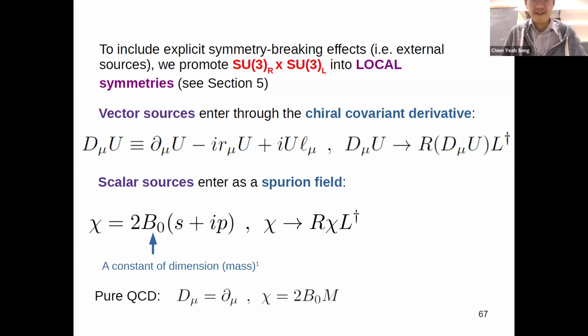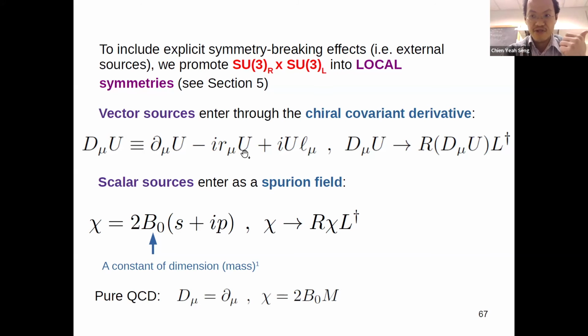So these external fields can be introduced in 2 ways at the leading order chiral Lagrangian. First is through the so-called chiral covariant derivative. So we generalize the ordinary derivative of U into a covariant derivative by introducing the left-handed and right-handed external sources.